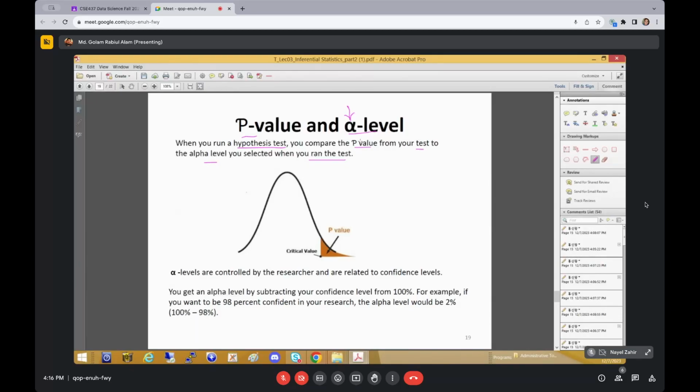You can say that I will accept the result if the p-value is less than 0.05. So you set alpha at 0.05, and the p-value you get from your data, from the table. If the p-value is less than the alpha value, then only you accept the result.